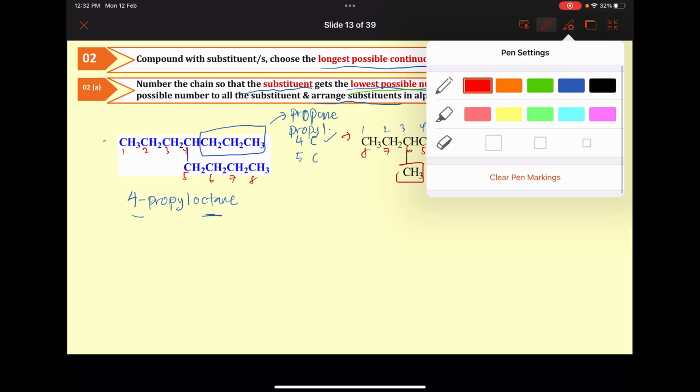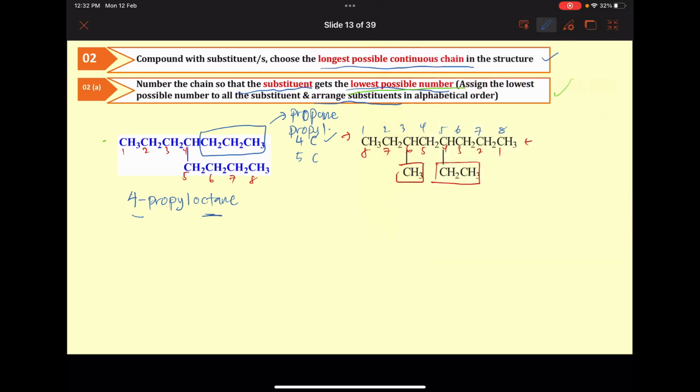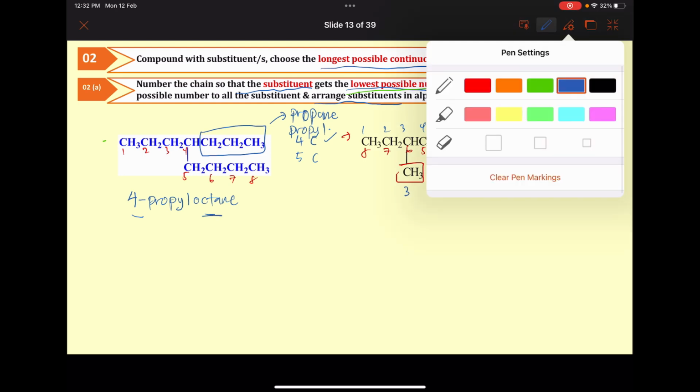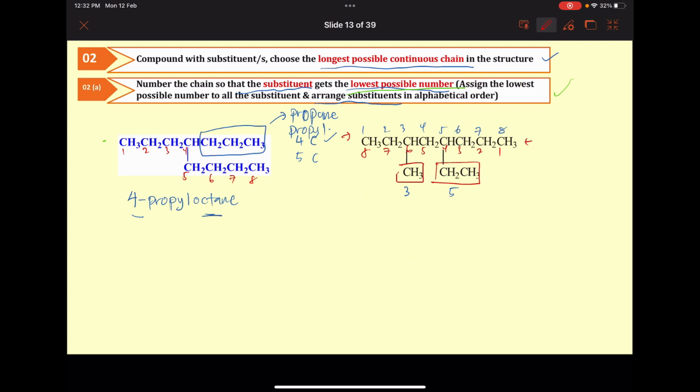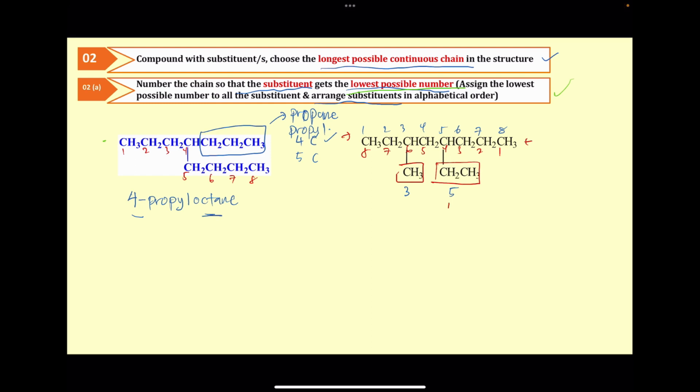If we use the blue root, the substituent akan attach pada carbon yang ketiga dan carbon yang kelima. But if we use the red root, the substituent akan attach pada carbon yang keempat dan carbon yang keenam.